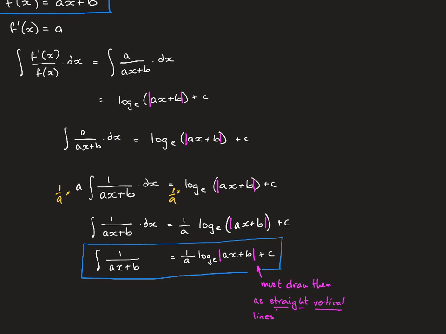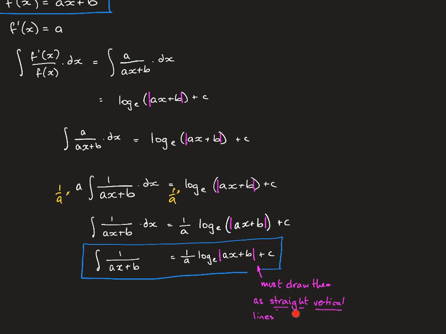Now, you'll notice that I've got brackets here and the absolute value function and the brackets as well. And in this last one, I haven't got that. You can actually use your absolute value function brackets or lines as the brackets as well. Now, if you are going to do this in the exam, you must draw them as straight vertical lines.